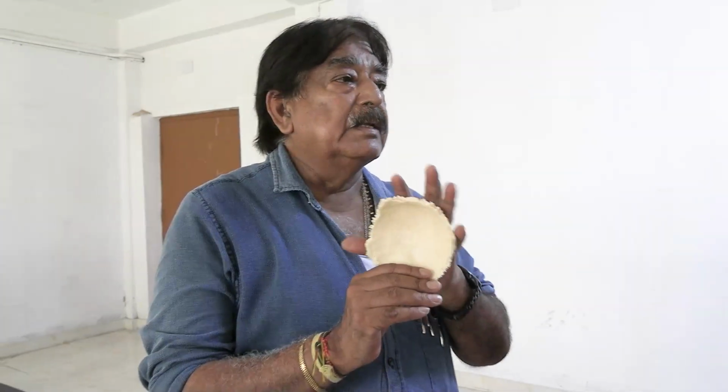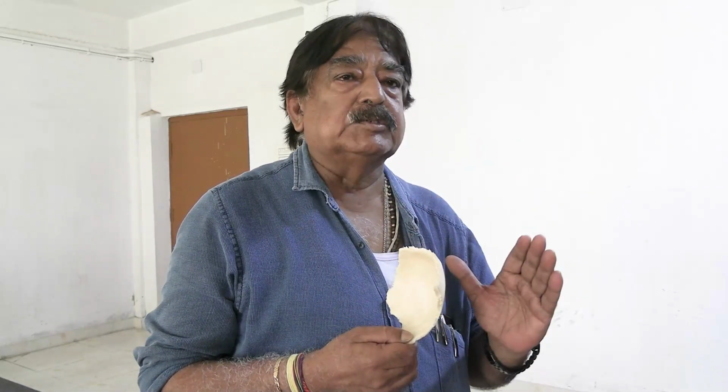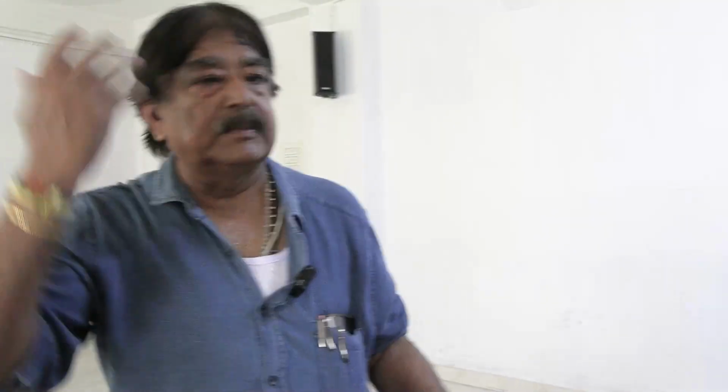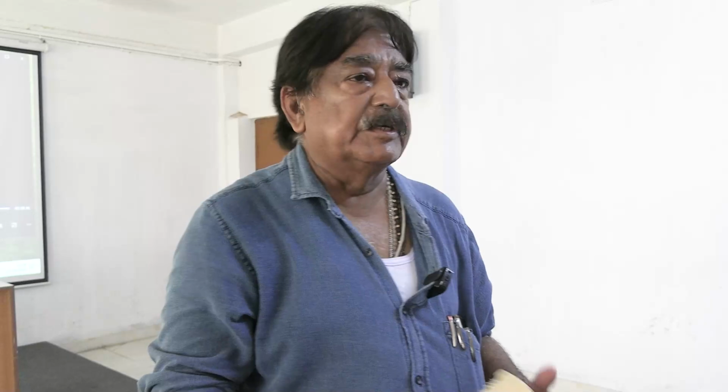When I started telling you earlier that every structure is supported by the bones, and in the skull it is protecting the brain. So it is hard, and also it's very tough to break.